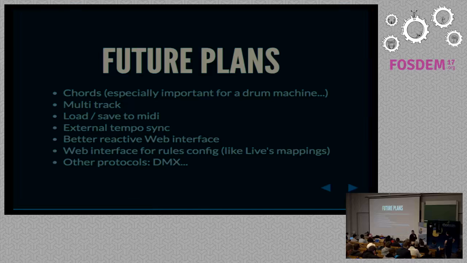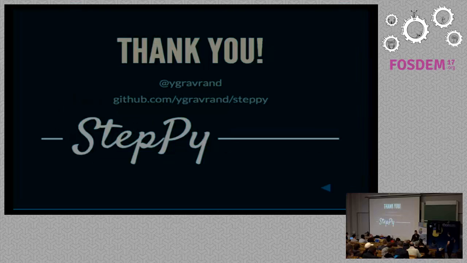Ableton Live does a great job. You just put it into mapping mode, and you turn something, and it creates a rule. So I would like to do something like that, and maybe open it to other protocols like DMX for lighting, which can be sequenced the same way. So thank you.